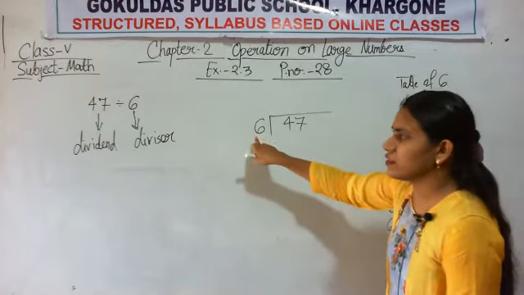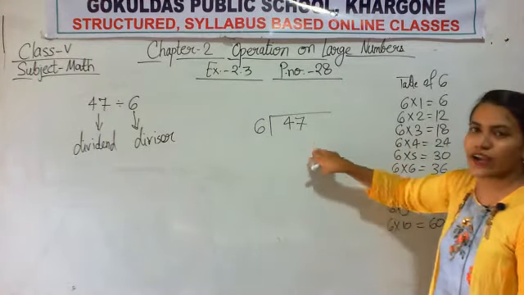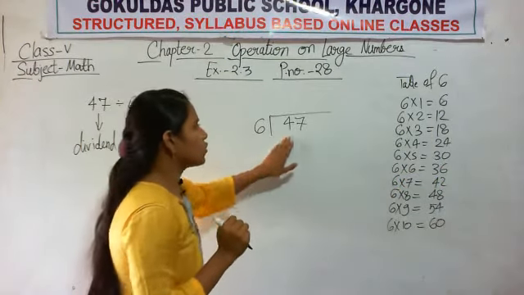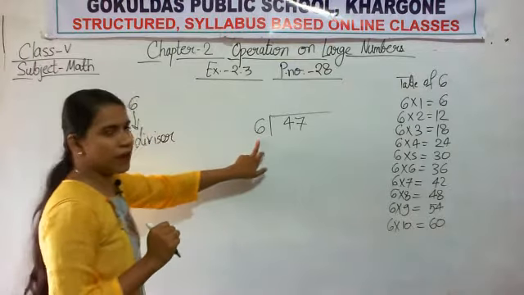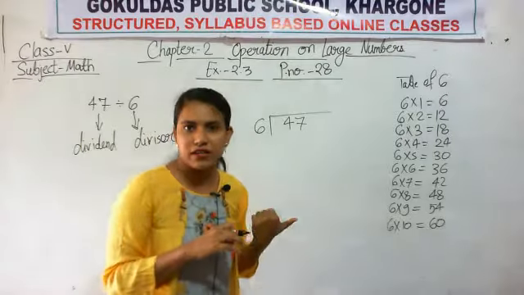As our divisor is 6, we require the table of 6 for dividing this. I have written 47 and 6 in the form of division.